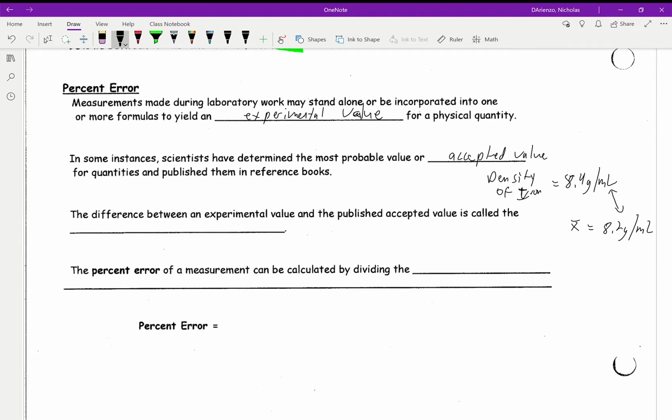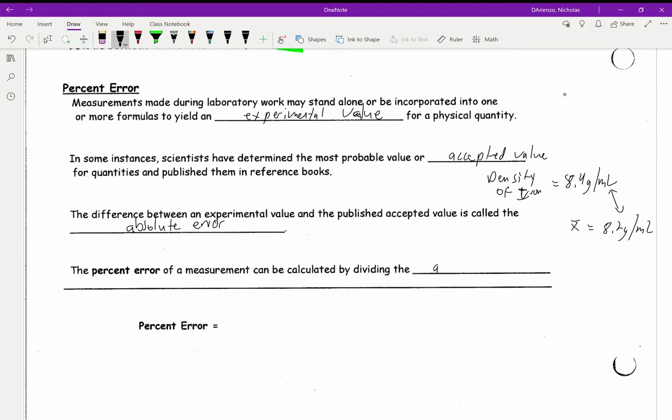The difference between these is what we call the absolute error. And we can use this absolute error by dividing it by the accepted value and multiplying by 100 in order to get the percent error.